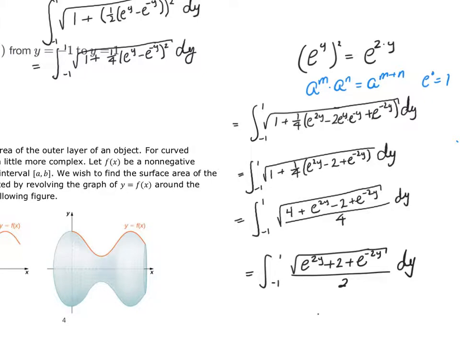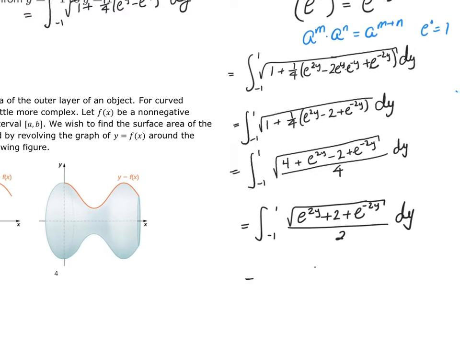All right, so believe it or not, this actually factors. It's a perfect square trinomial, and the numerator factors into, from -1 to 1, the square root of e to the y plus e to the negative y raised to the 2, all over 2 dy.